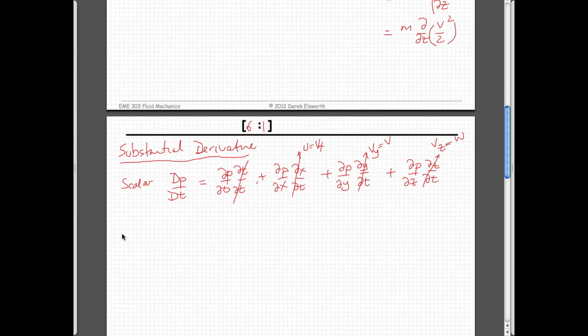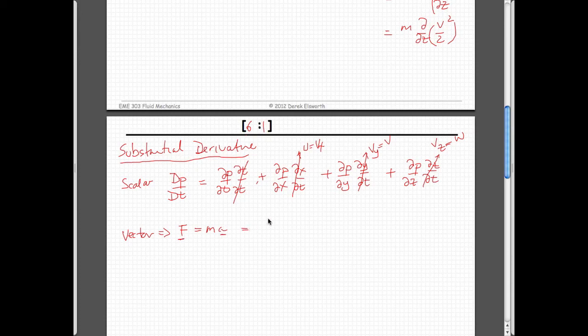If you look at a vector, which is equal to, for instance, a vector would be F equals ma. Mass is the mass of this. It has no directional properties, but this would be forces in the x direction and y and z.